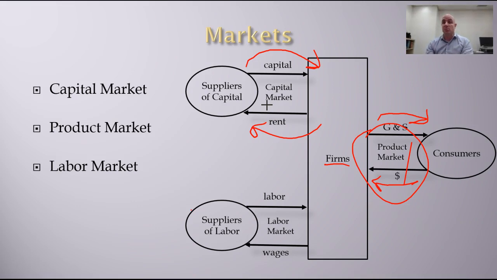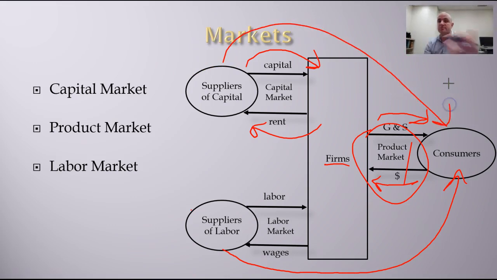And then we have the labor market. In the labor market, the suppliers are laborers, the individuals who are also the consumers, same with the suppliers of capital who are consumers as well, in another aspect. In the labor market, the individuals are selling, or realistically renting, their labor, and in exchange they get paid wages.